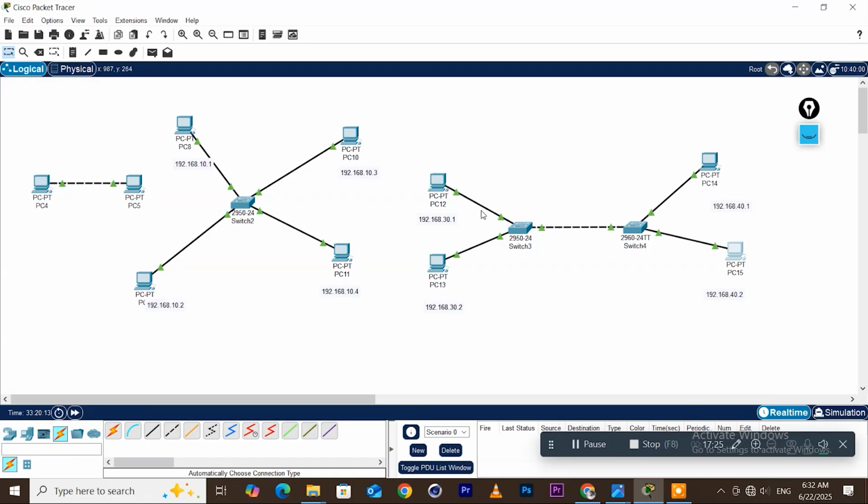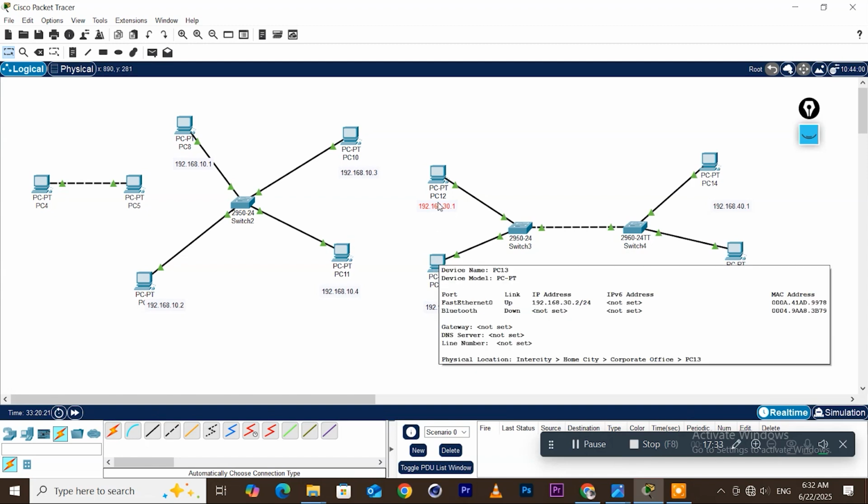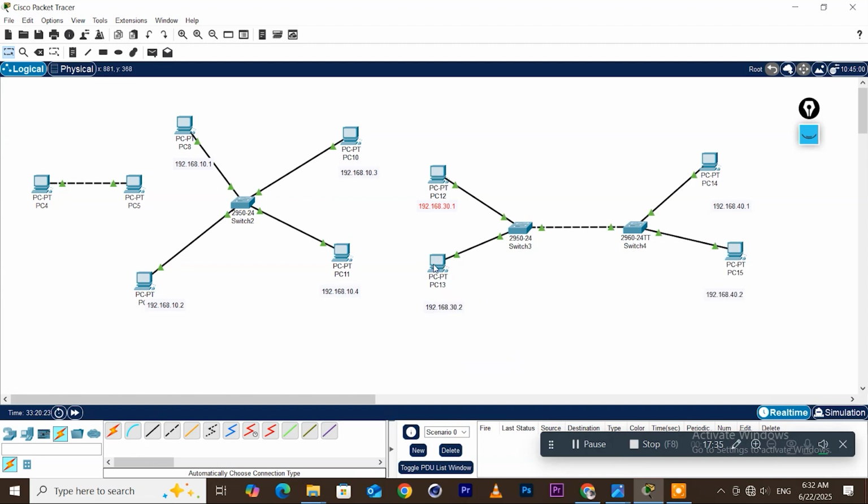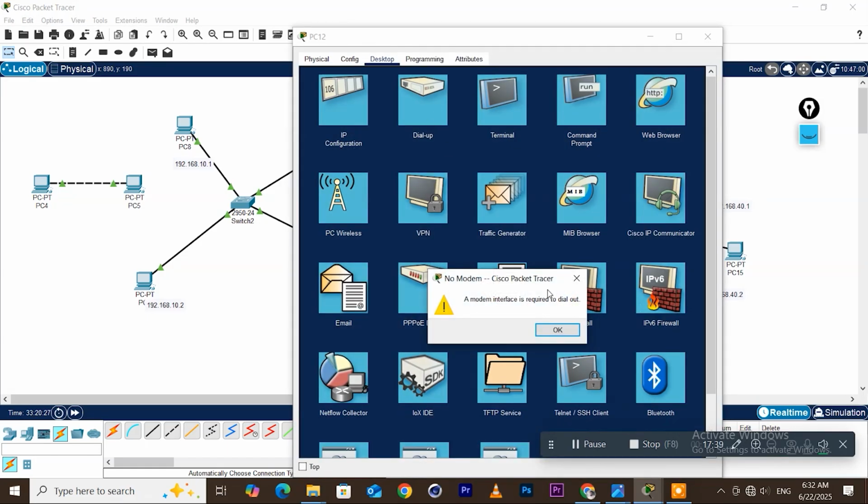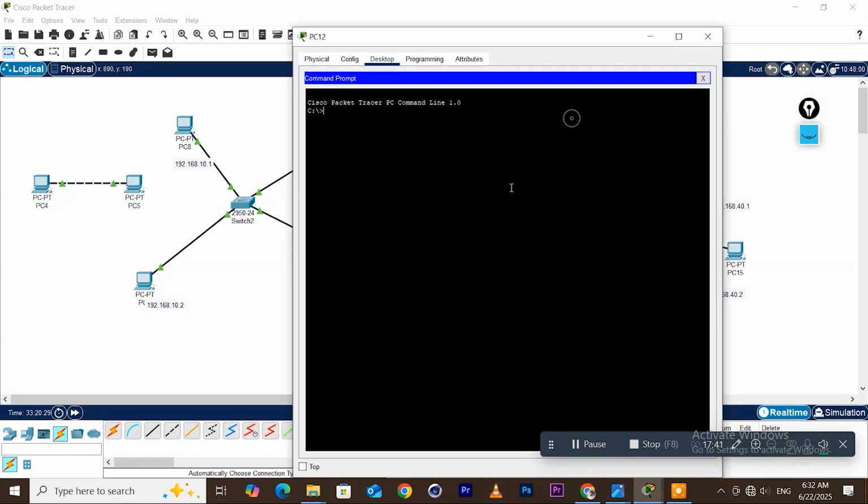Okay, now let's see if this PC can ping this PC, if this PC can communicate with this PC. So you say ping IP address 192.168.30.2.